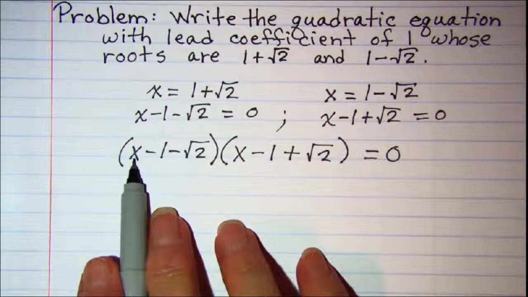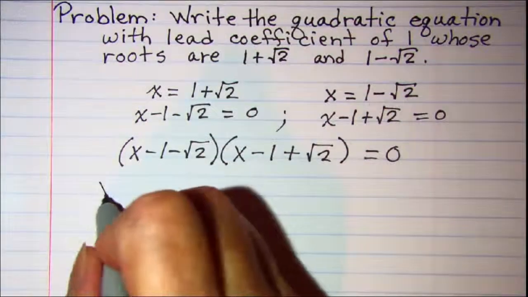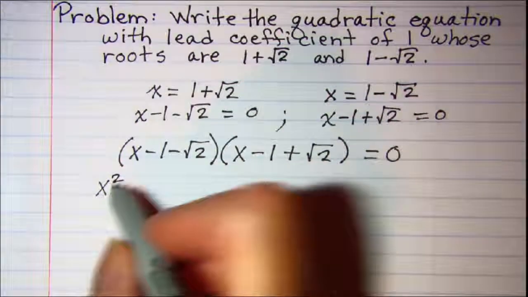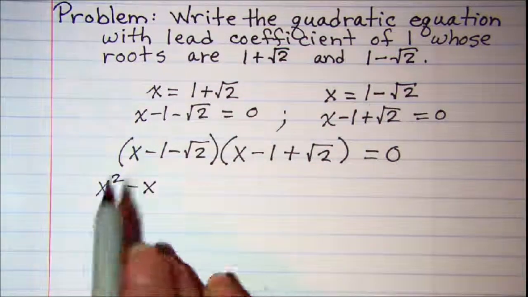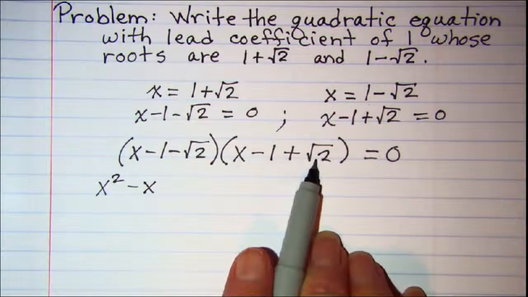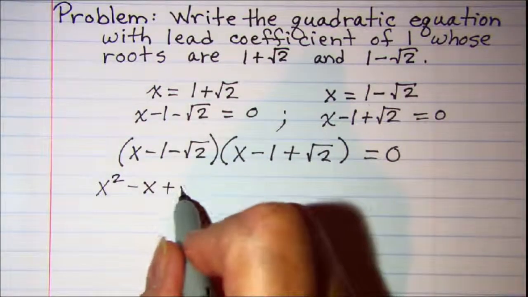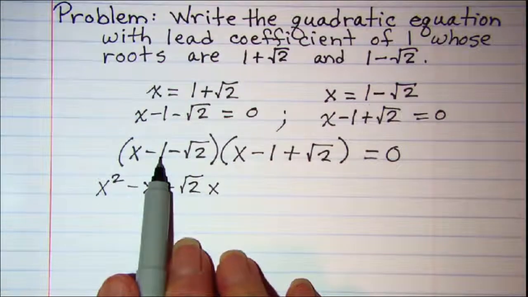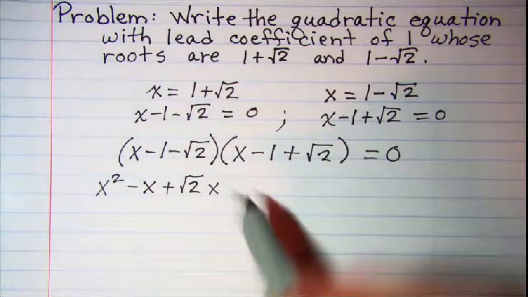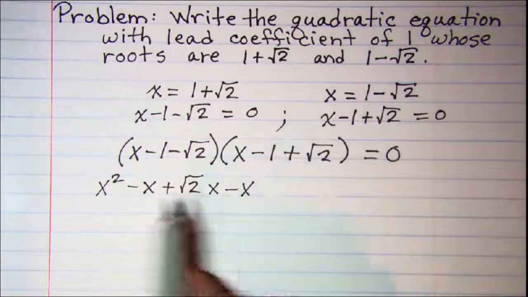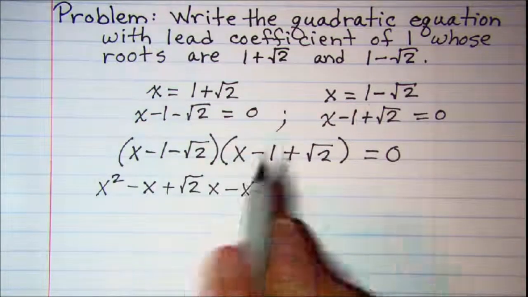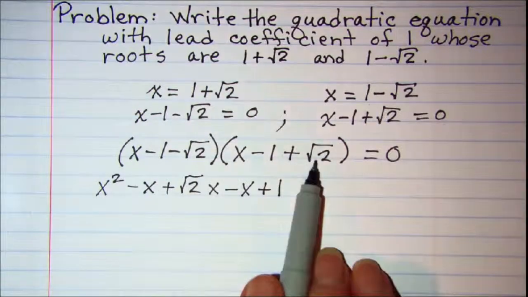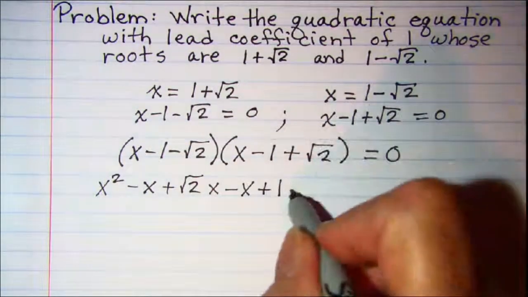Let's take x multiplied by x, and then x multiplied by -1, and then x multiplied by root 2. Now we're ready for the negative 1. Negative 1 times x. Negative 1 times negative 1. Negative 1 times a positive radical 2.